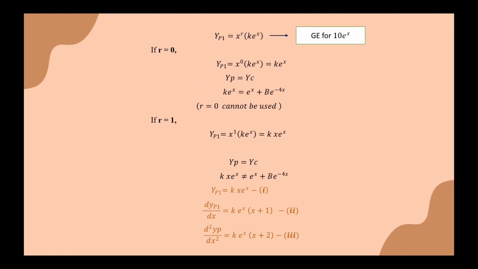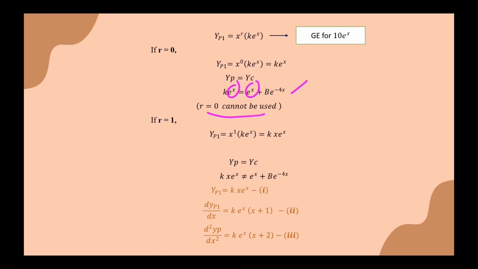Once you arrange the values, which is k e^x equals e^x plus b e^(-4x), you can see that the e^x on the left side and e^x on the right side are equal, which means we can't use this equation when r is equal to 0.